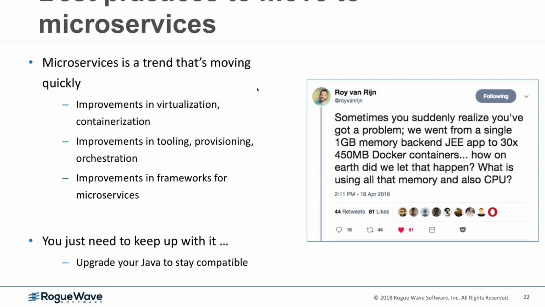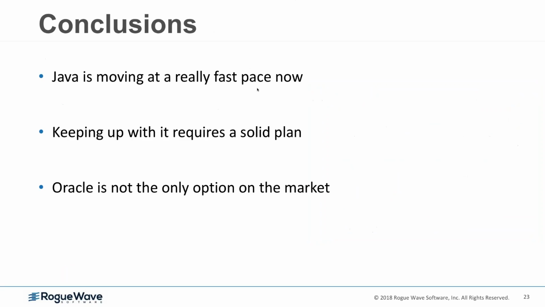Now that we've gone over the mature apps, starting a new project, application deployment and support, and then the microservices, what's the take with Java 10? Maybe we can come up with a couple of conclusions. So Java is moving at a really fast pace now, and the thing that has changed is that you actually need to keep up with it, and you need to have a solid plan there.